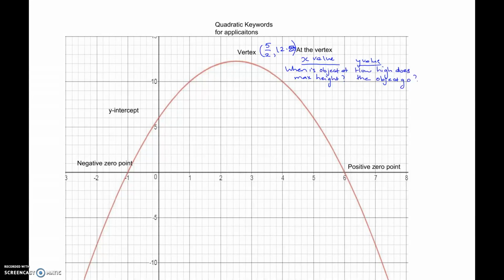If we're looking to answer a particular question, how high is the object after so many seconds?